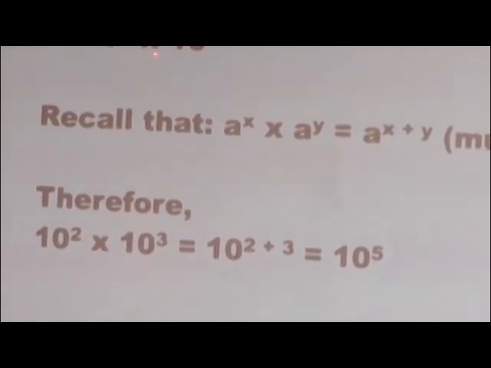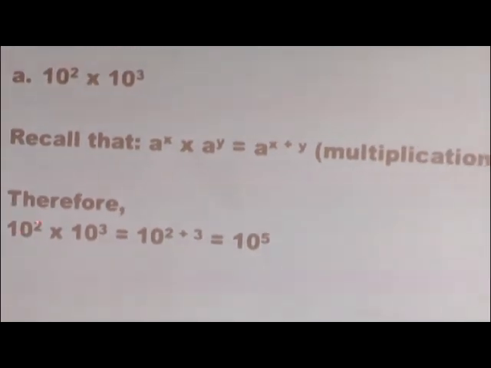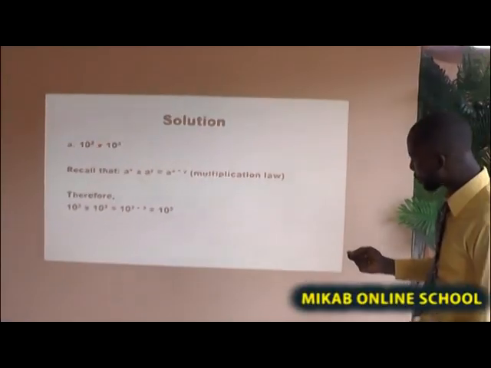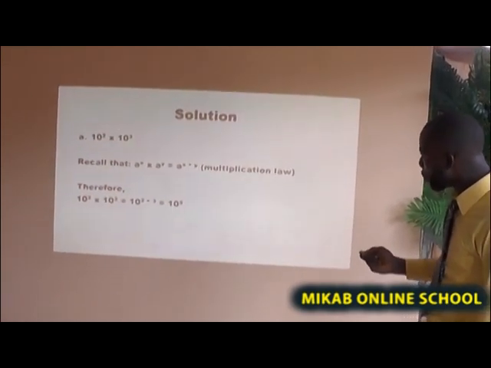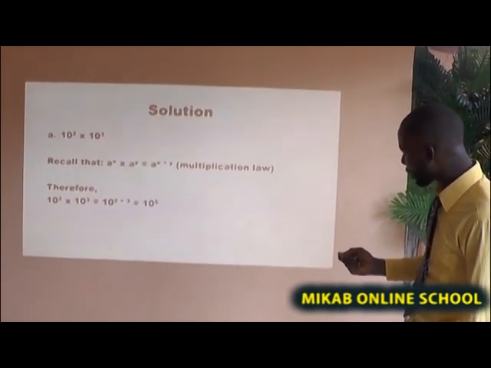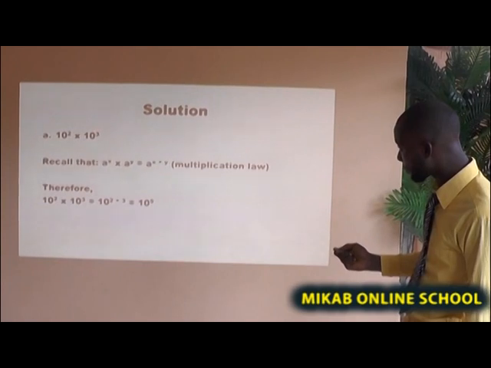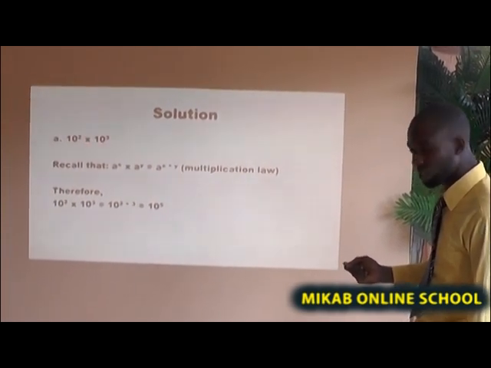And if you must solve this kind of question, the indices, which are 2 and 3, we are going to take note of them. If these are there, you look at this connectivity and the base.